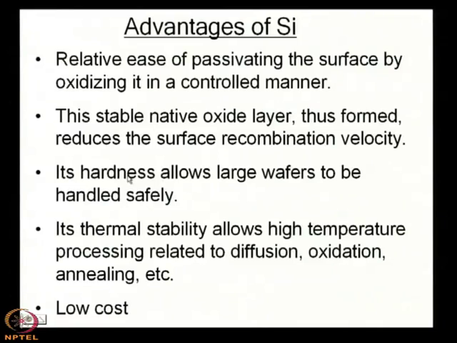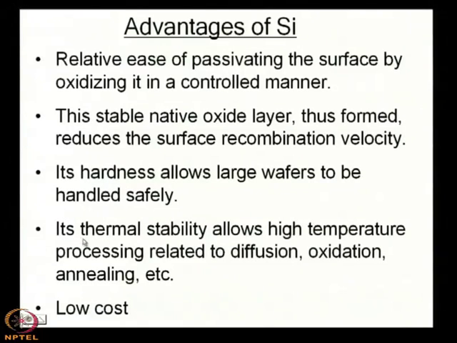So, for those processes you need some hard material, otherwise, if it is brittle, then during processing it will be broken. So, that is the reason its hardness compared to indium phosphide or gallium arsenide, the compound semiconductors, silicon is more hard compared to the other compound semiconductors or the elemental semiconductors.